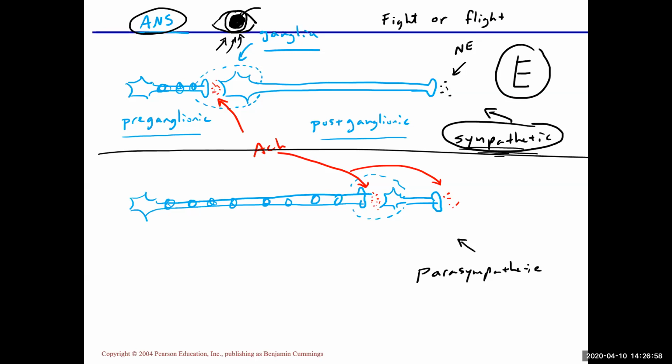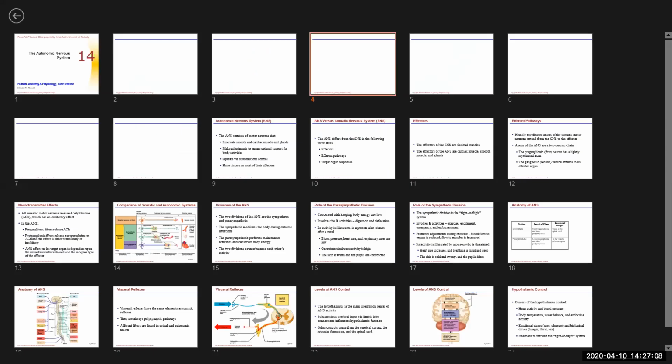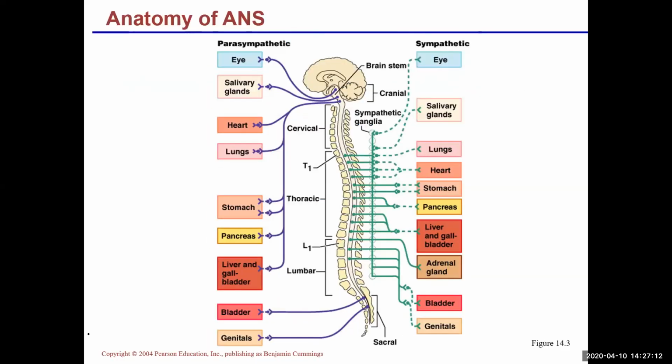And why do you think that is? All right, so let's go ahead. I'm going to fast forward. We're going to come back to the parasympathetic because that's coming up next. All right, so this is the slide.